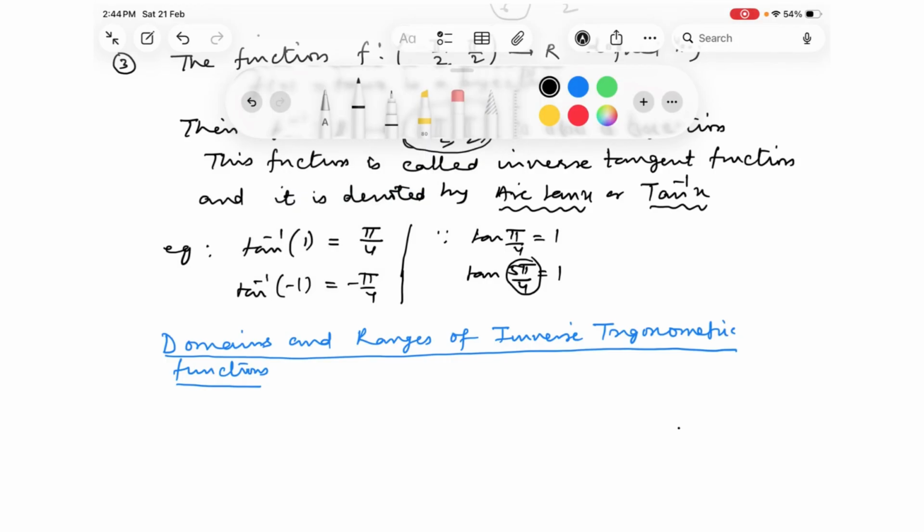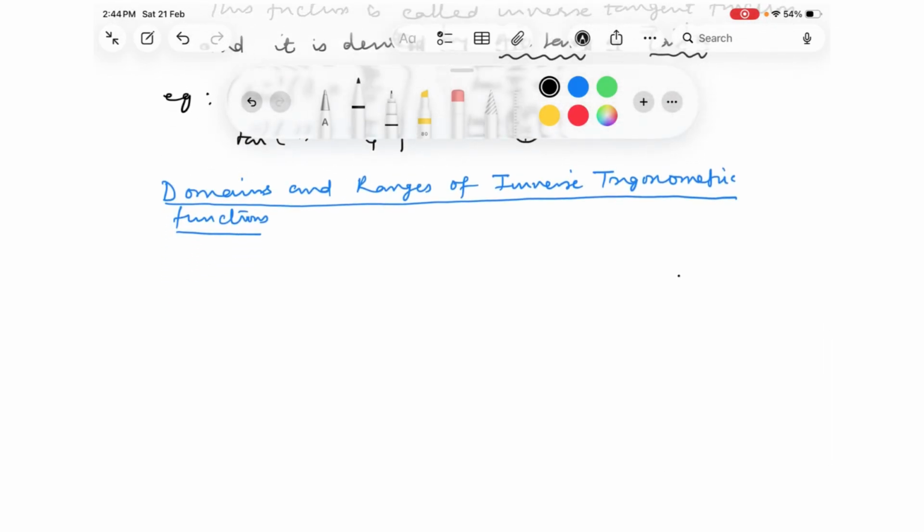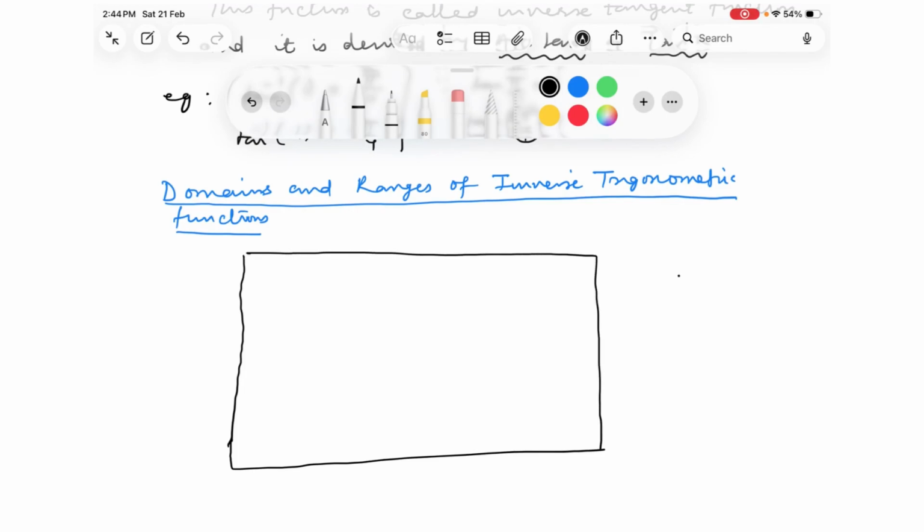So let us draw one table regarding domain and range of all the 6 inverse trigonometric functions.